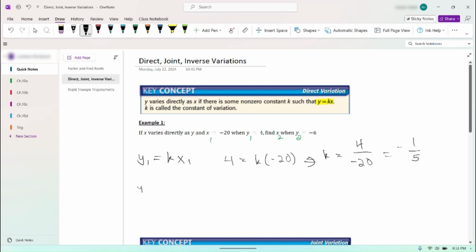So y2 now equals kx2, and y2 in this case is -6. So -6 equals k, which is -1/5, times x, and we don't know what x is, right? That's what we're trying to solve for. So let's solve for x. I'm going to multiply both sides by -5.